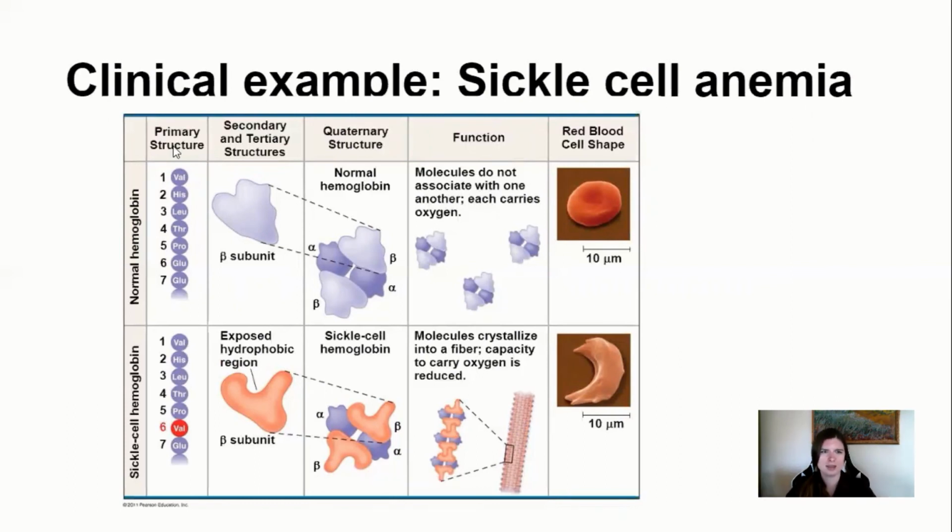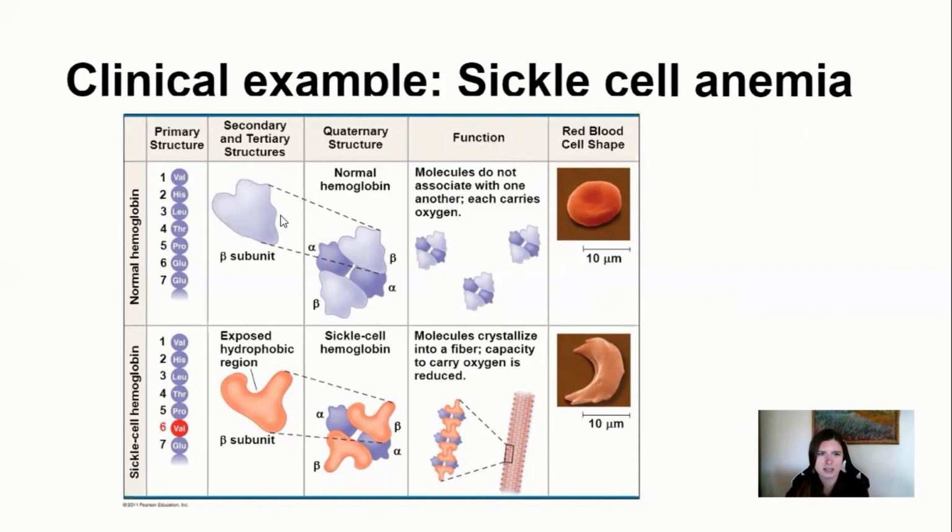So this error, as we follow it through these levels of structure: in the primary structure, we fold into our alpha helices and beta pleated sheets, and then we combine this with the crumpling of that sheet of paper due to R group interactions into a tertiary structure. Normal hemoglobin, this subunit, forms into a globular shape, right? Looks a little like a heart maybe.